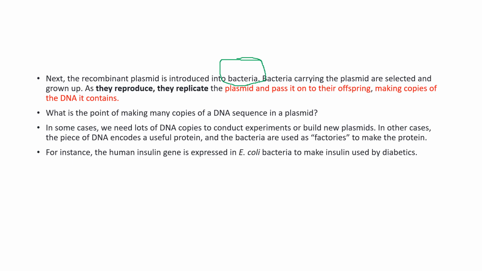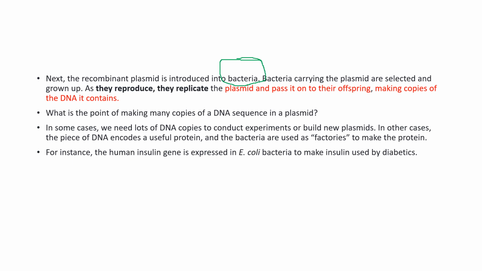So why are we making copies of DNA? Sometimes we just want factories. The bacteria can act as factories to make these proteins. For instance, the human insulin gene is expressed in E. coli bacteria to make insulin that is used for diabetes. This is an example close to home. The normal insulin that we're using, whether short acting, intermediate acting or long acting, how is it made?